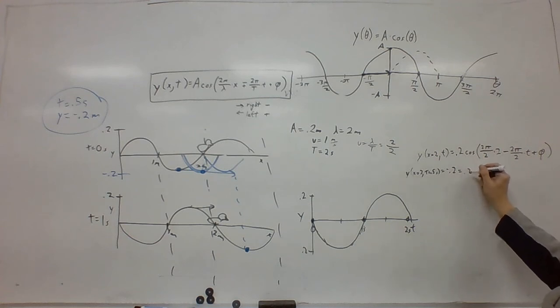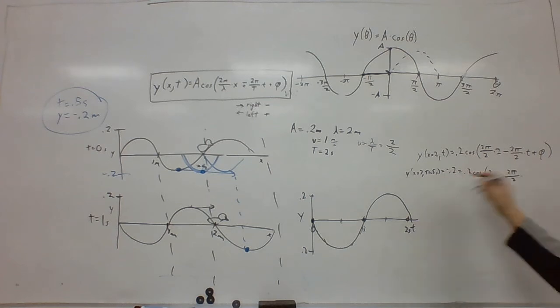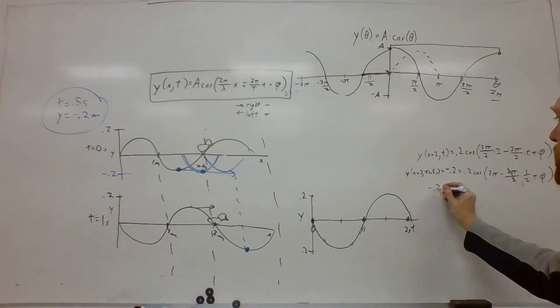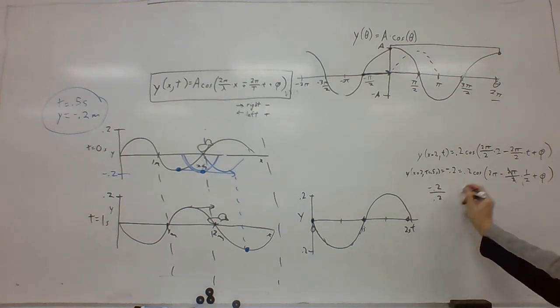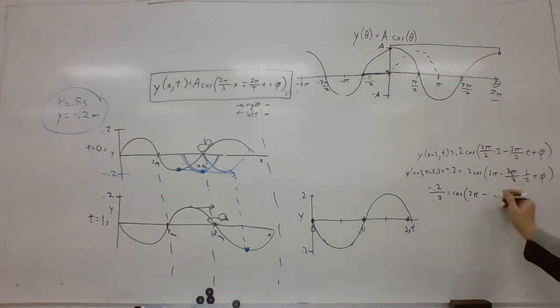That's equal to, now I'm plugging in the right-hand side, 0.2 cosine. 2 over 2 is 1, so this is just 2 pi minus 2 pi over 2 times the time, which is 0.5, so I'll just call that 1/2, plus my phase constant. Dividing both sides by 0.2, negative 0.2 over 0.2 equals cosine of 2 pi minus pi over 2, plus our phase constant.